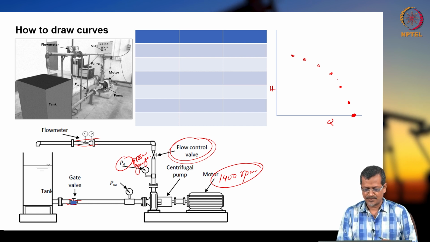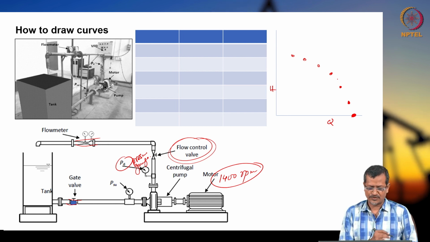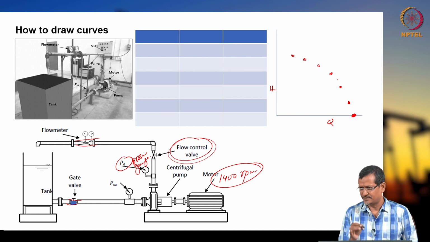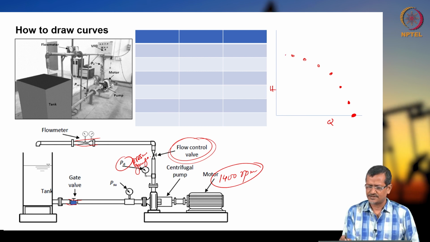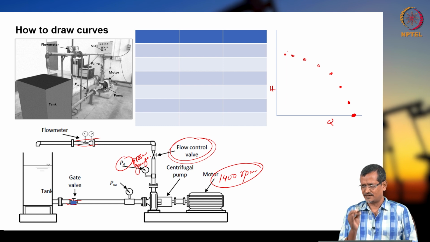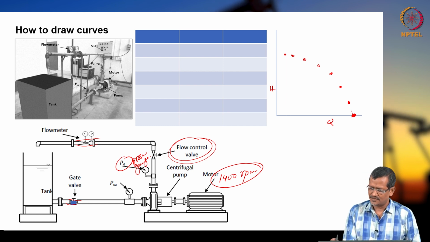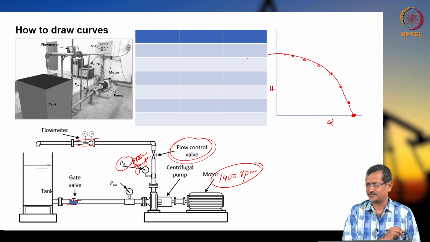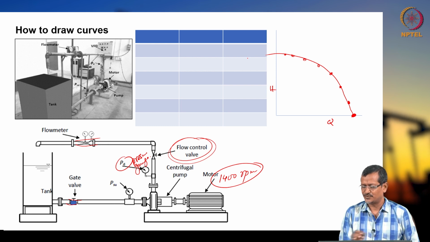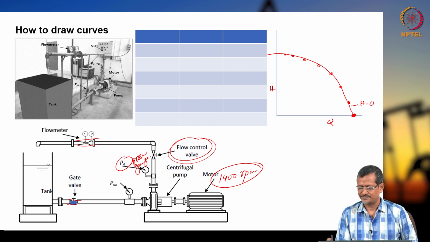I told the students not to close completely, because if you close suddenly the pressure will shoot up and the system can fail. So just close up to a certain level, then draw a curve and join the curve to the y axis. This way I get the HQ curve.